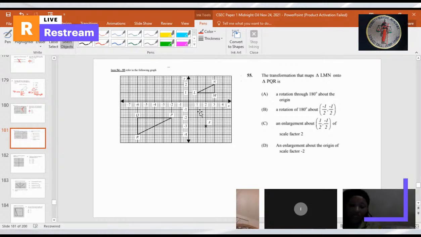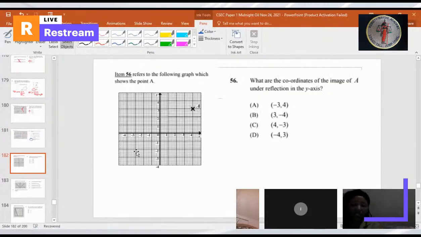So it's twice the size of the object. Its orientation makes it look upside down, and it's on the opposite side of the axis. So it would be an enlargement about the origin with scale factor -2.